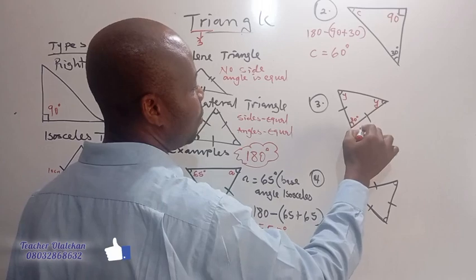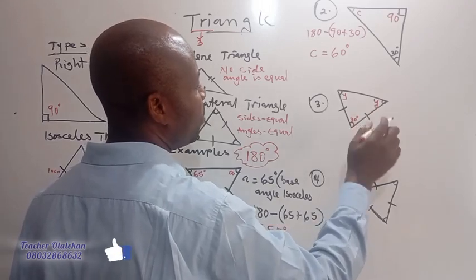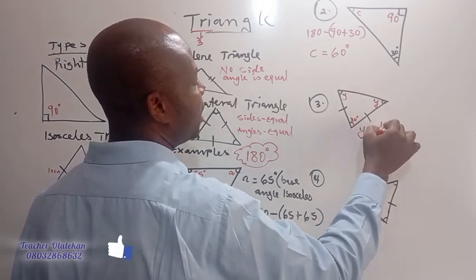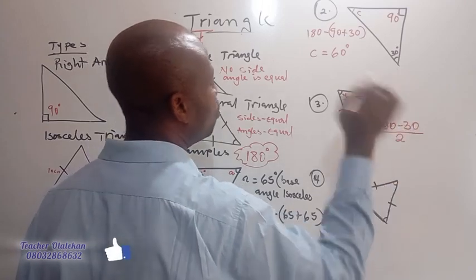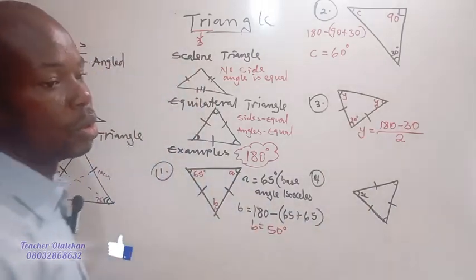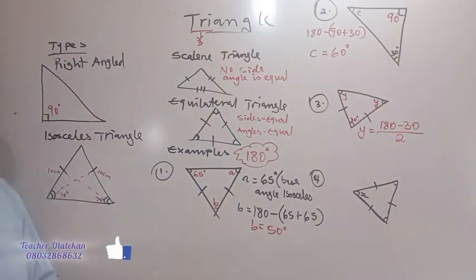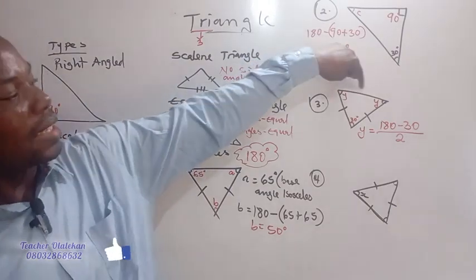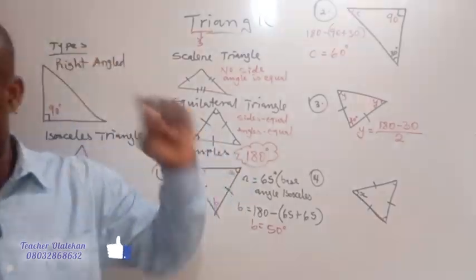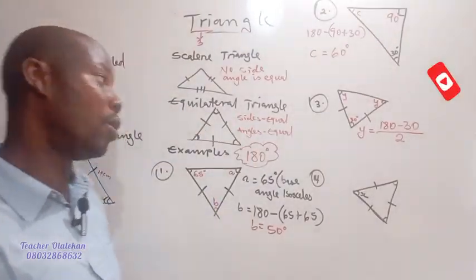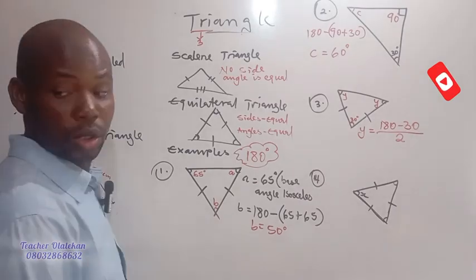To find Y, it is going to be 180 minus 30, divided by 2. Why are we dividing by 2? Because they are base angles of an isosceles triangle and they are equal. Are you getting it now?